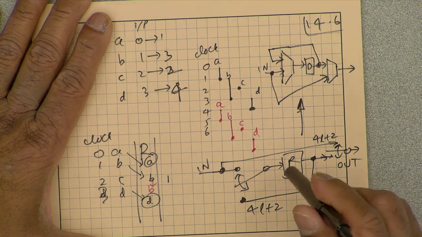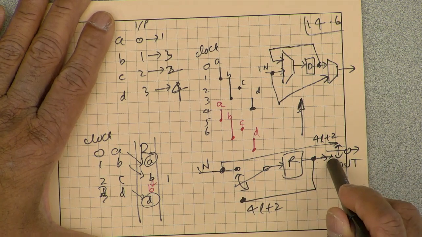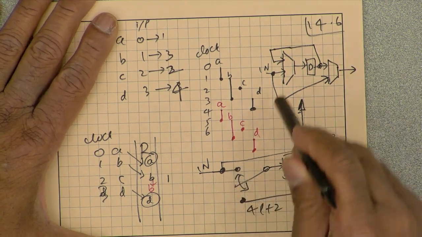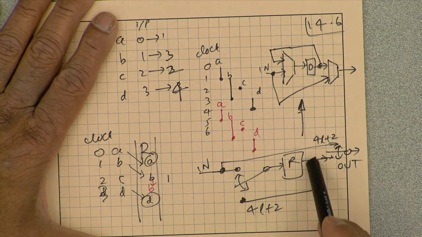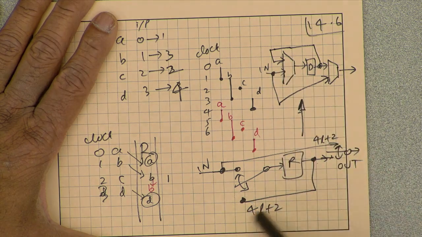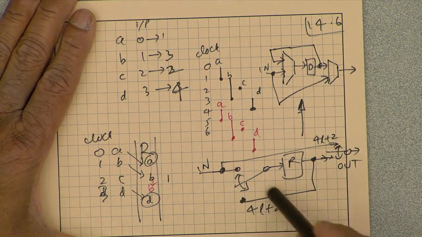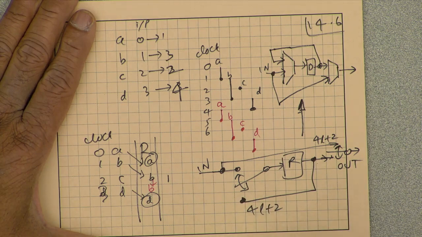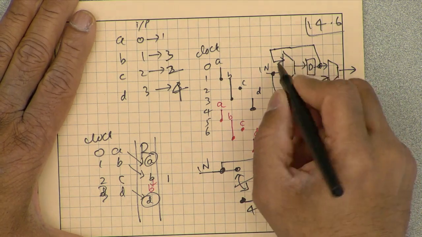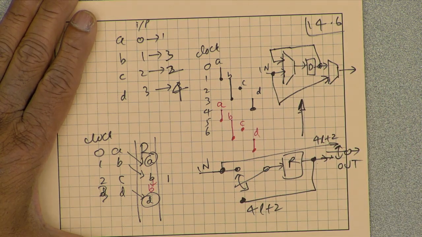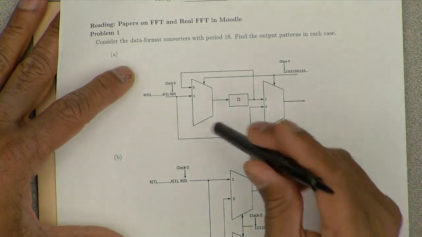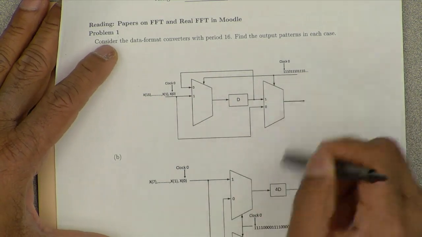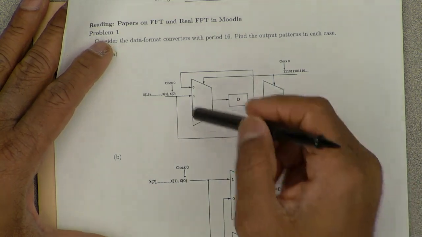So, there is essentially one flip flop and two multiplexers. So, this multiplexer here is feeding that backward from the output to here in every second clock cycle 2, 6, 10, etc. So, what I want to show you is that this is exactly the same as this first problem here. So, I want you to understand these traditional circuits, these data format converters.